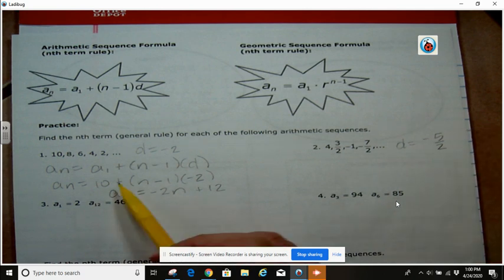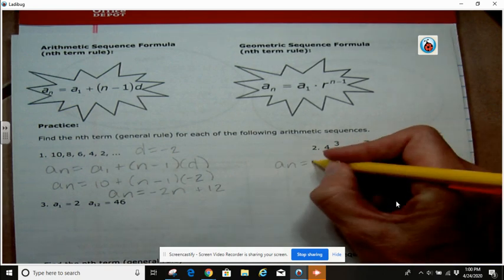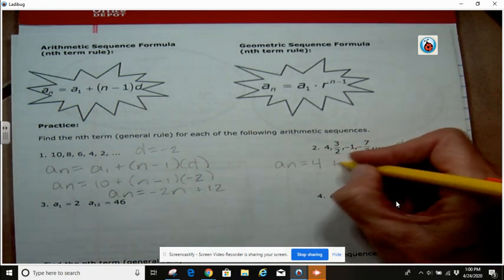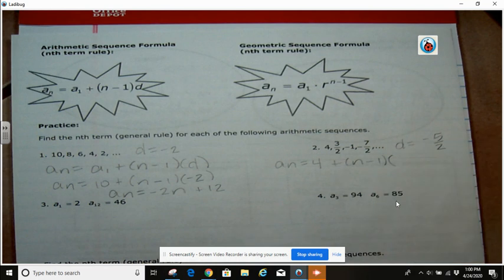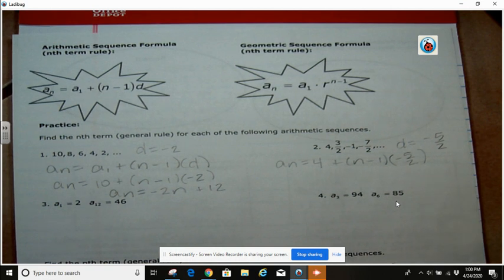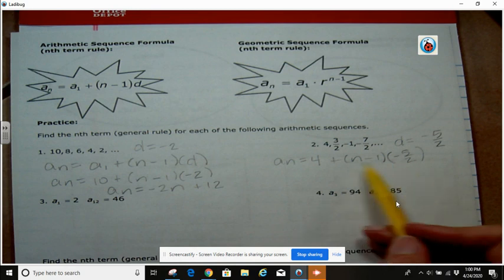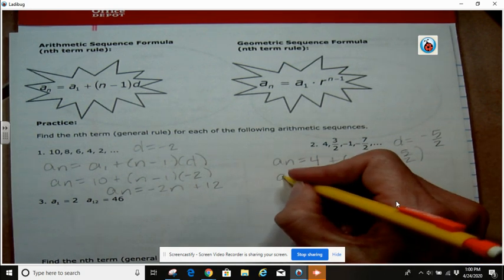Okay, so following what we did in number 1, we're going to do a sub n equals the value of the first term plus the quantity n minus 1 times that common difference. Okay, so you're going to clean that up. You want to distribute the -5/2 and combine like terms.